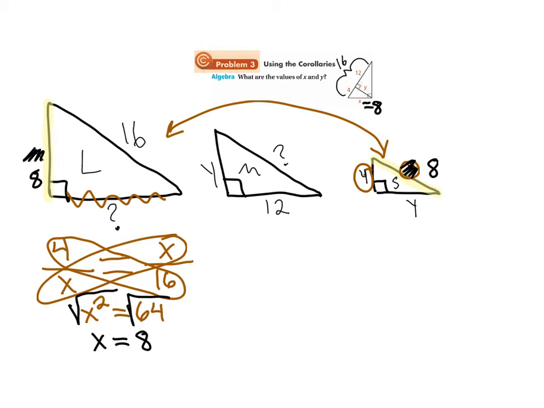So solving for y, let's try and find the spots where y is actually used. Here we've got a y. And here we've got a y. So it looks like we're not going to be using our big triangle anymore.